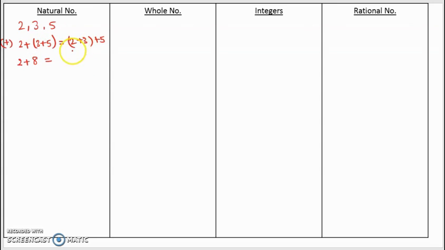On RHS, 2 plus 3 you have 5, plus 5. So 2 plus 8 we know is 10, and 5 plus 5 is 10. So you see that after changing the association the result is the same, hence the natural numbers follow the associative property for addition.